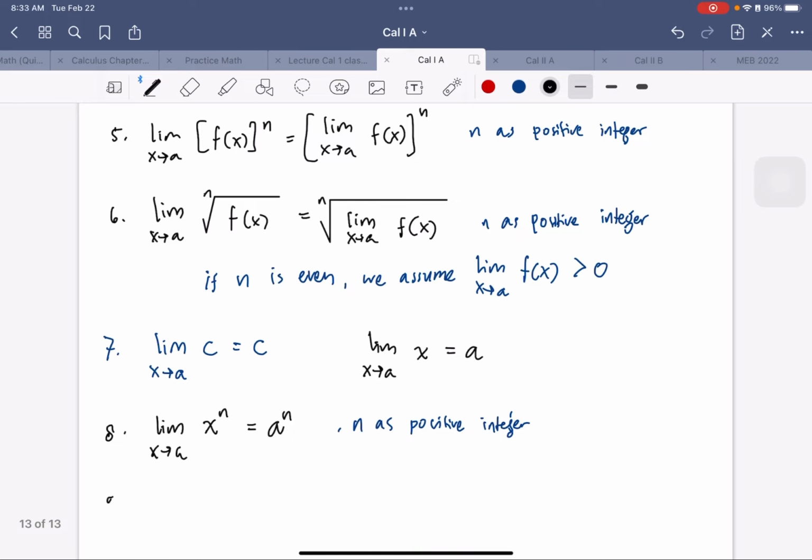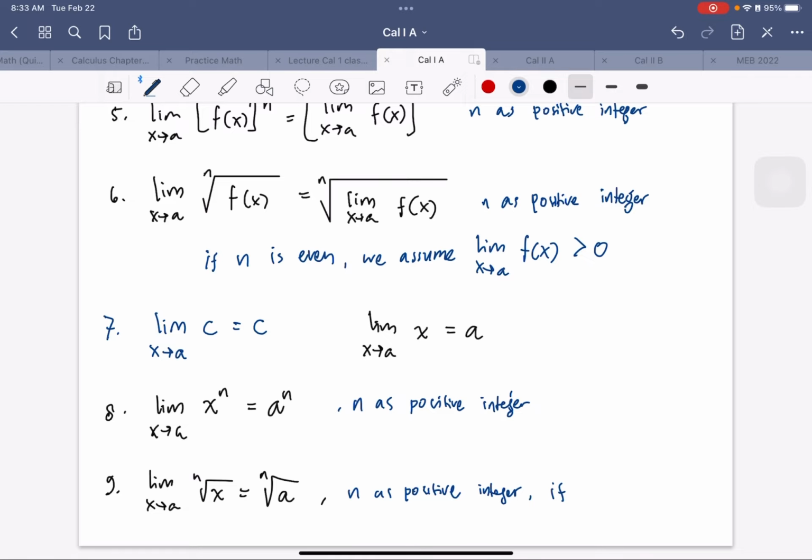Also, we can have the root, with n a positive integer, and if n is even, then the assumption is that a is positive. Of course, a needs to be positive.